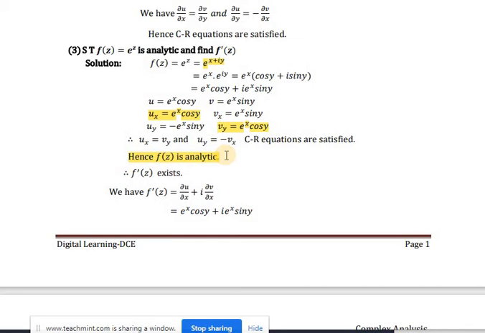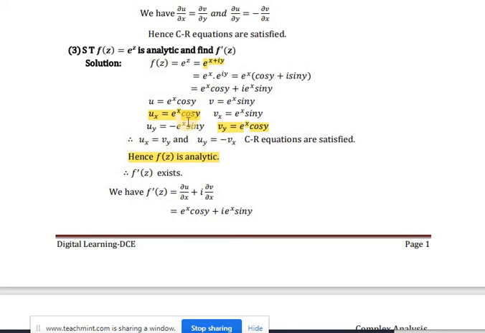When it is an analytic function, the derivative of that function exists. Therefore, f dash of z exists, and that is equal to dou u by dou x plus i into dou v by dou x.